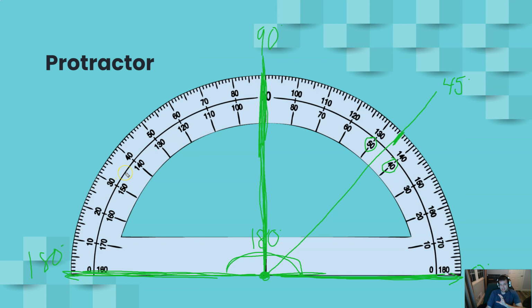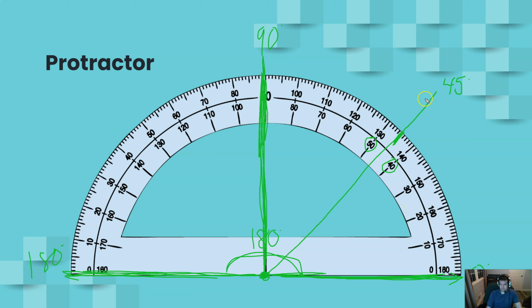Now what can be a little bit confusing about a protractor is that there's two sets of numbers, right? I'm currently looking at the numbers on the inside track, right? From 0 all the way to 180 degrees. But you can also see that on the outside track, over here is going from 0 all the way to 180 degrees. That's because it depends on which way the angle is opening towards.